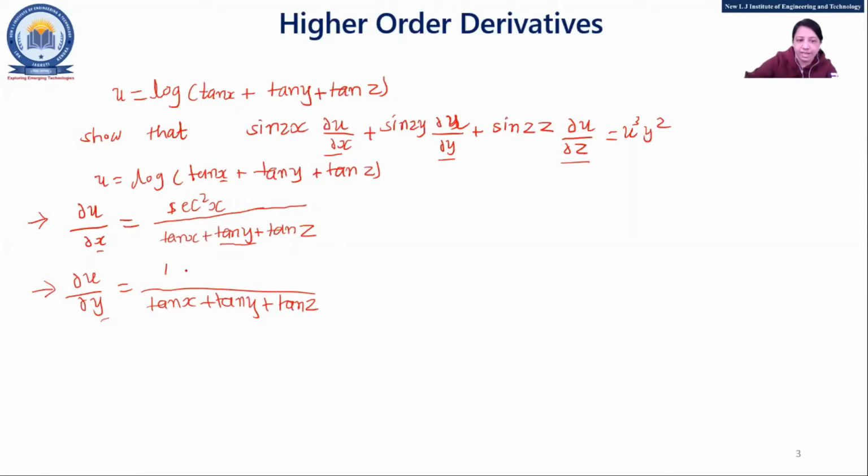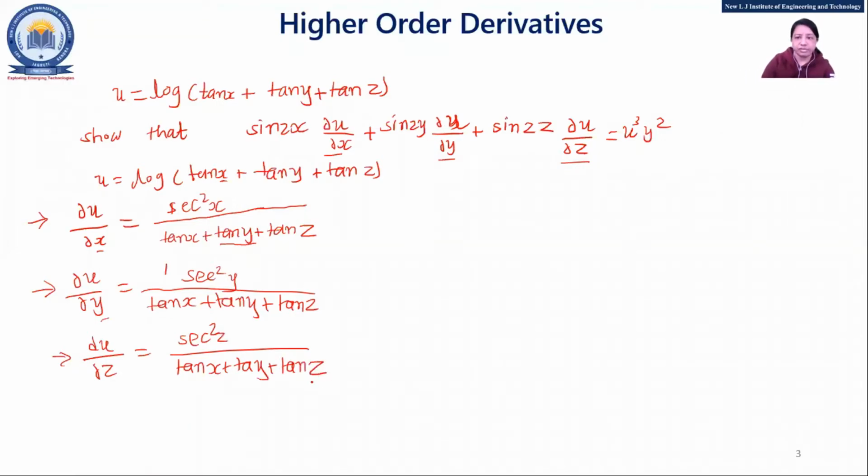So 10y gives sec square y. Now the same way, del u by del z. So what is that? Sec square z upon 10x plus 10y plus 10z.